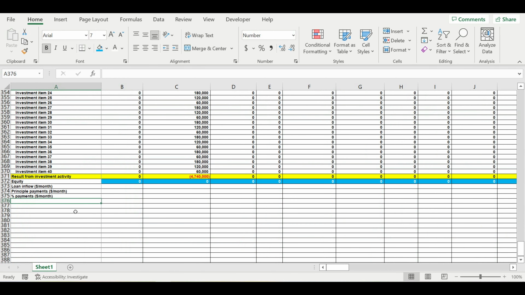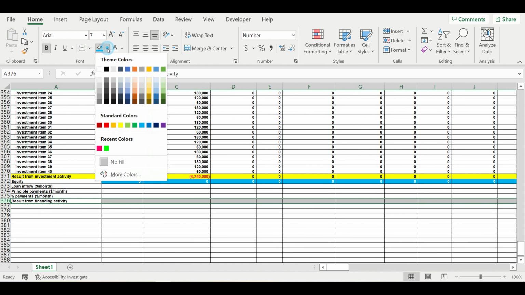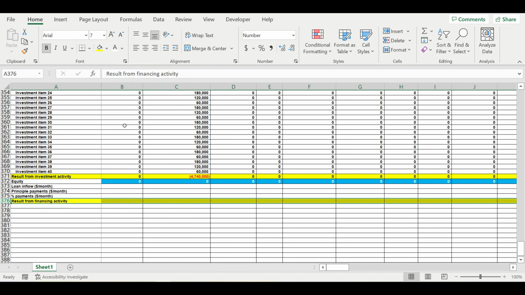And then we will calculate the result from financing activity, the third yellow line. So all cash flow is divided by three main activities: operating, investment, and financing activity.